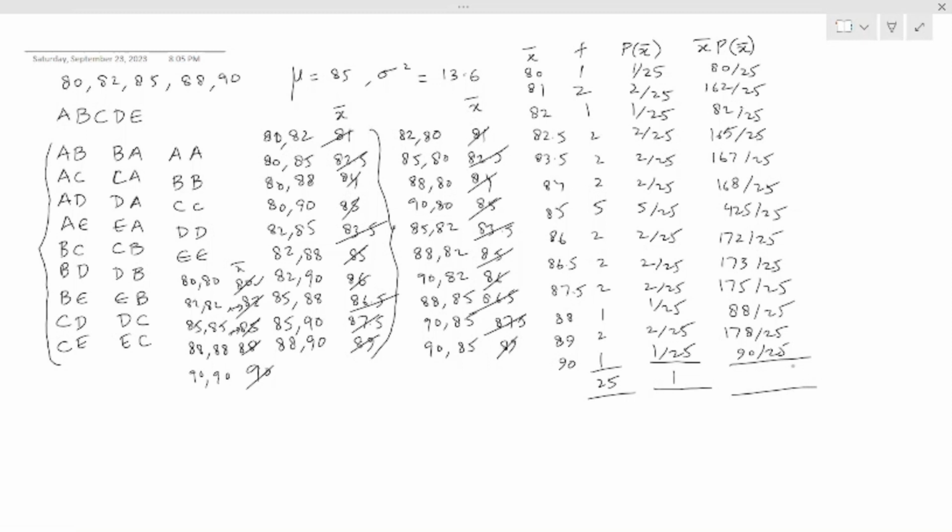Now adding the numerators, we must be getting the answer as 2125 on 25. This is what you can check on your part.